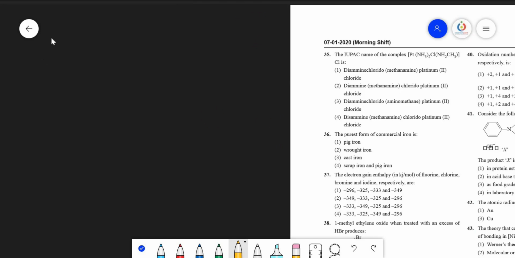Let us see question number 35. The IUPAC name of the complex. One complex is given here. I'll write the complex here: platinum, NH3 taken twice, Cl, NH2CH3 and Cl.